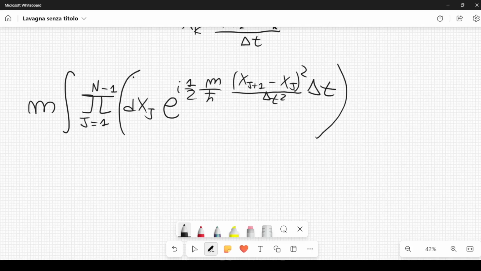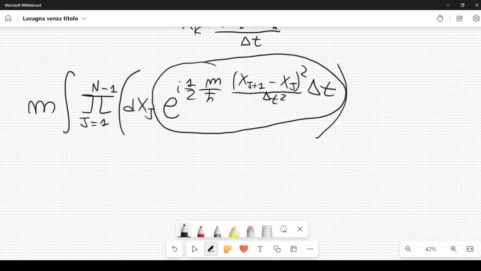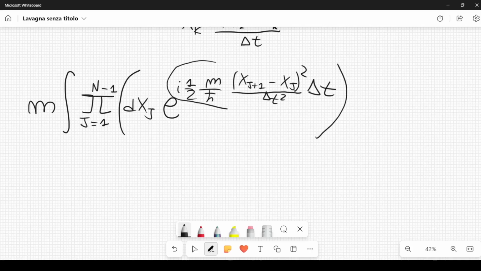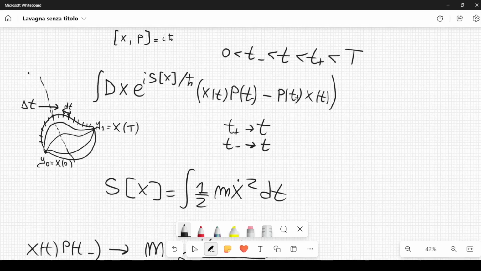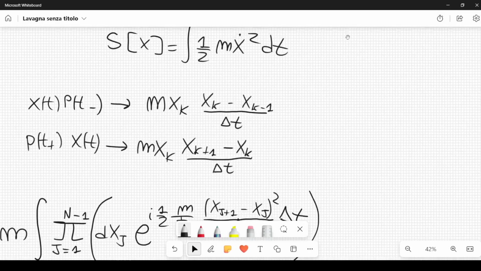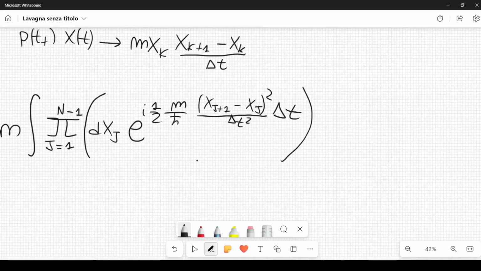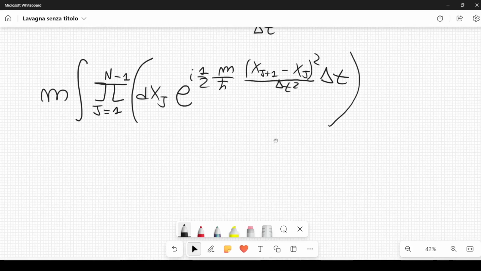When we take the product of all these exponentials, we are going to get a sum inside the exponential. So we are going to get back our original action, if you think about it, which, when you discretize the integral, will simply be given by a discrete sum, like in here. Then you have to assume that when we let delta t go to 0, we are going to get back our previous expression. That's what we have to think.